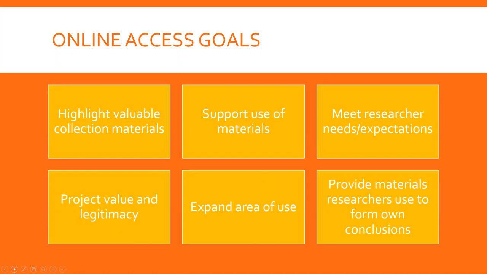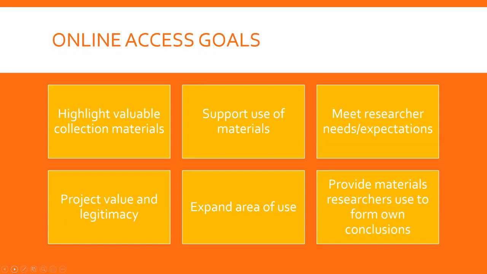So it's helpful to think about some of the general goals of online access. So again, talking about online finding aids and online collections. Highlighting valuable collection materials can certainly be something that especially online collections can have. Online finding aids, if you have collections that are particularly valuable, then you might describe them more thoroughly and provide that description online so that researchers are more aware of the richness of a collection.